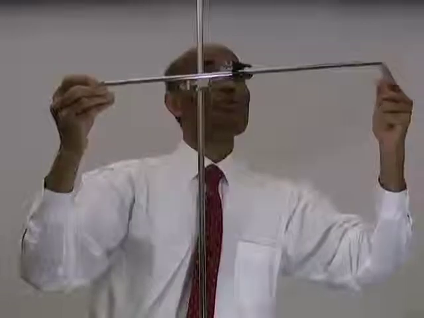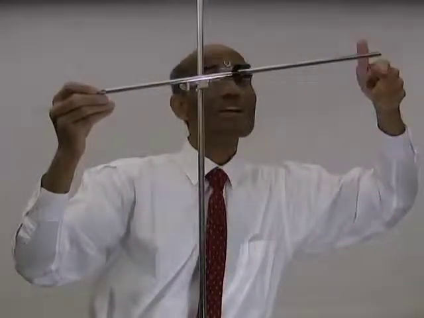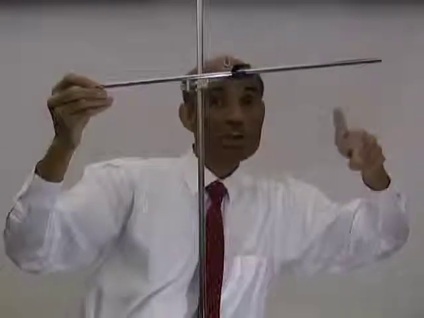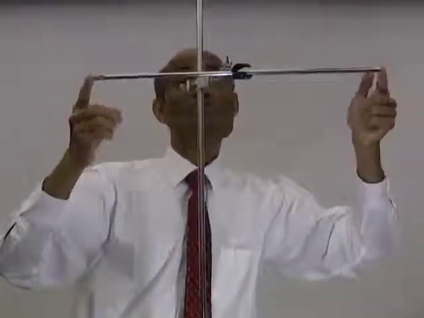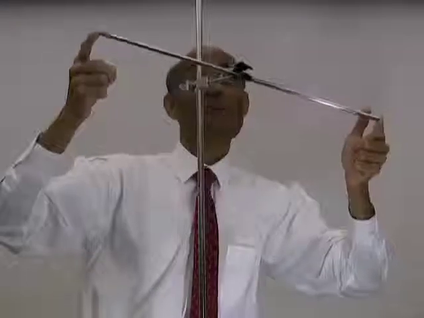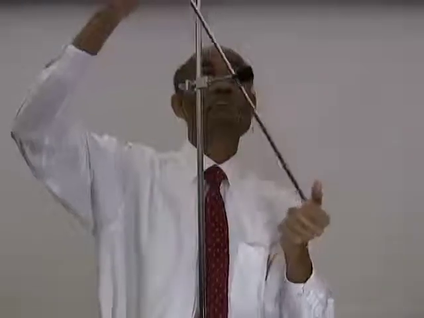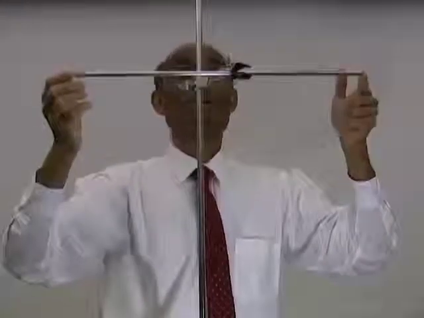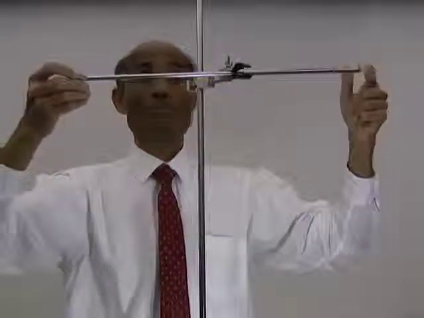And the force that I apply downward here is also producing a counterclockwise torque. That means these two torques will add up to give you a net torque. If this has to remain in equilibrium, the net torque has to be 0.